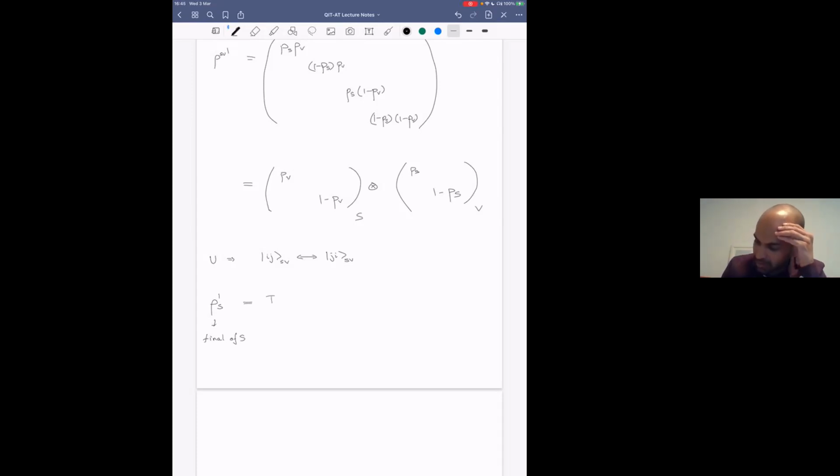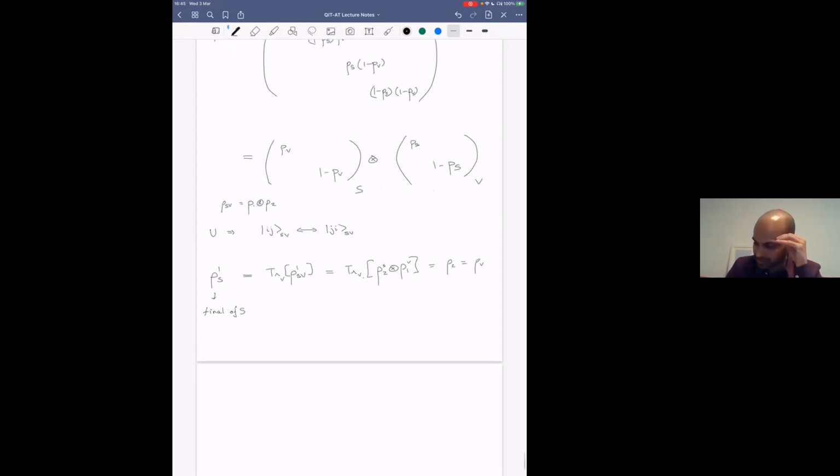This is going to be the partial trace of the final state of S and V traced over V. If rho SV initial was rho 1 tensor rho 2, then this is going to be rho 2 tensor rho 1, with rho 2 on S and rho 1 on V. So this is going to be equal to rho 2, which was the state of V originally.